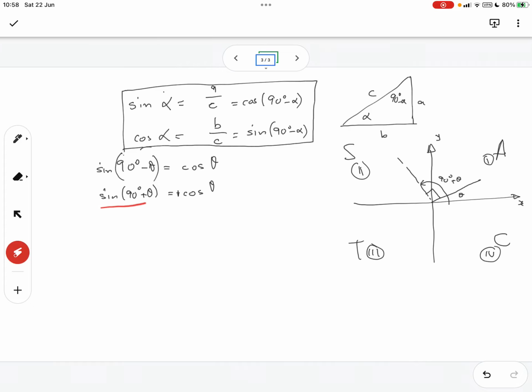Because the original trig expression was sine, and we look at that trig ratio's positivity or negativity based on the quadrant. So remember, the trig ratio is sine. The angle is 90 degrees plus theta, so it's in the second quadrant. Sine is positive. Therefore its cofunction when we reduce the angle should be positive. So always when we reduce, we look at the original trig ratio for cofunctions.